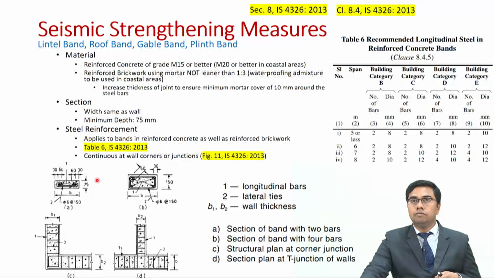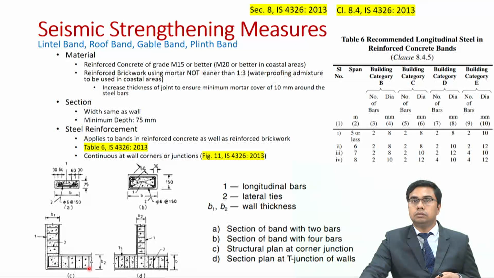So the reinforcement in these horizontal bands should be continuous at wall corners or junctions. For example, here there are 2 perpendicular walls framing into each other. So the longitudinal bar in this very band is continuing up to this point, and then we also have anchorage going on like this.